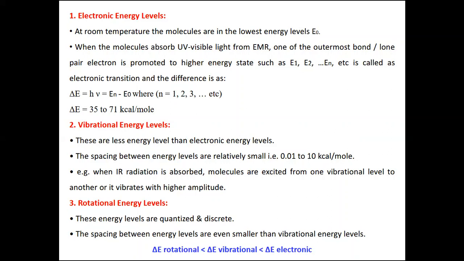So rotational energy levels are superimposed on vibrational energy levels, and vibrational energy levels on electronic energy levels. Energetically, we can say that delta E electronic is higher than delta E vibrational, which is higher than delta E rotational.